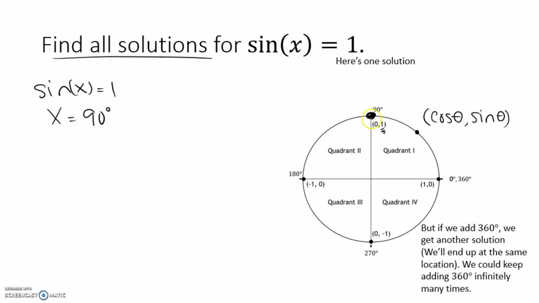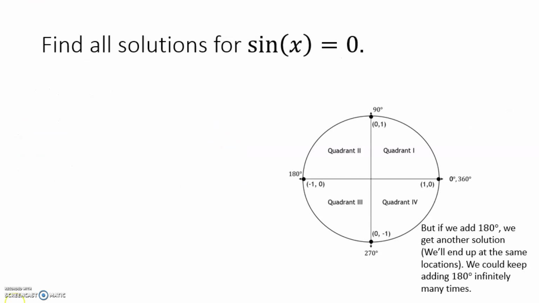We need to find all of them. To get back to this answer, you would just keep adding 360 to it. So x such that x is equal to 90 degrees plus 360k. And that's it.